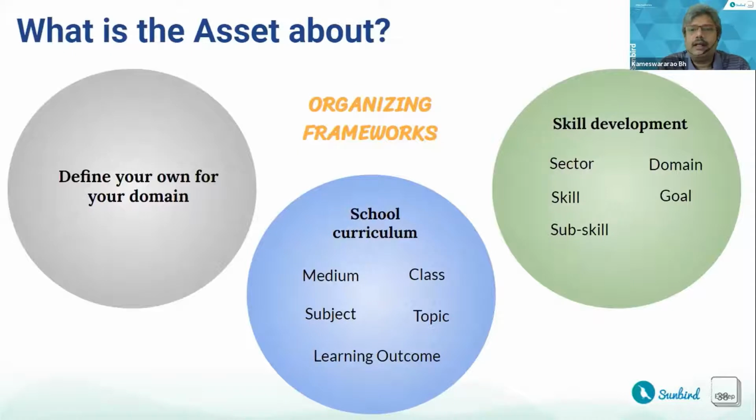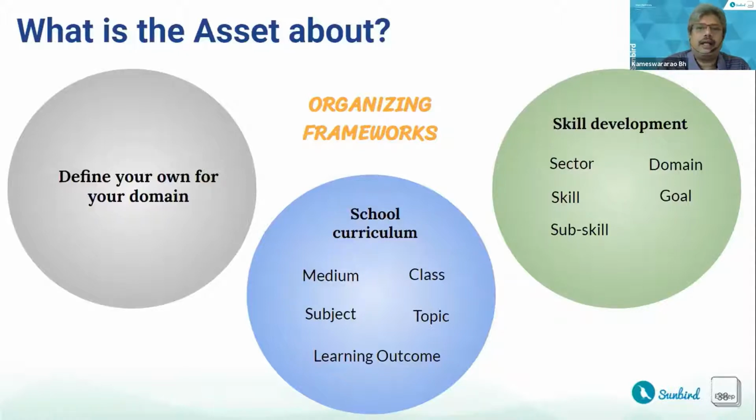Similarly, for your domain, you can think of what makes sense for your context, right? For example, for skill development, if you have certain trainings, you may want to organize based on the domain, the sector, the skills that the training provides, right? So that users can easily find the relevant content.